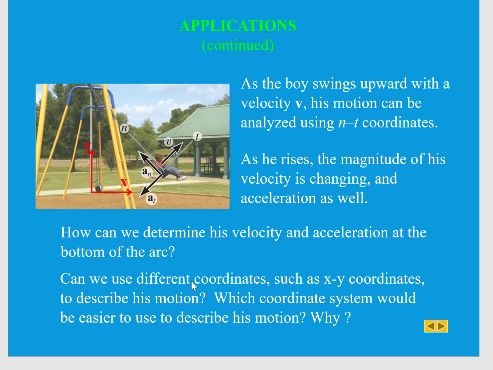Another example is the swing. If you have a boy on a swing as shown in this figure, let's assume that the Cartesian coordinate system, which we all know, described by the rectangular axes x and y, has moved and attached to the bottom of that boy and reoriented, where the tangential component is tangent to the path of the motion and the normal component is going along the rope.